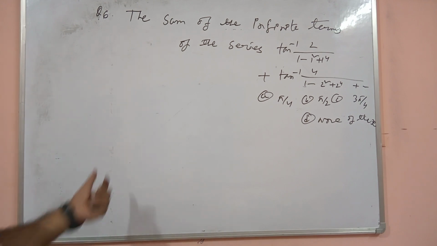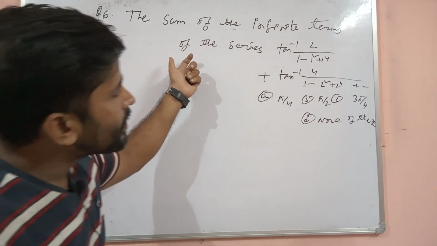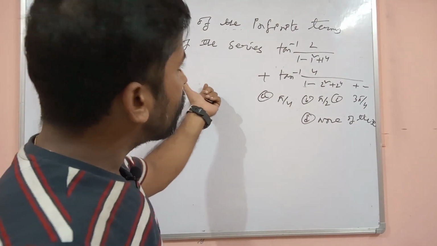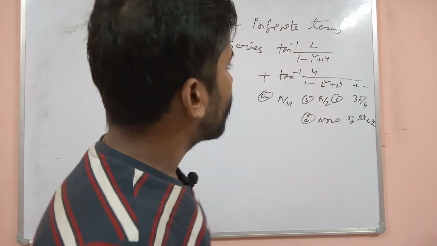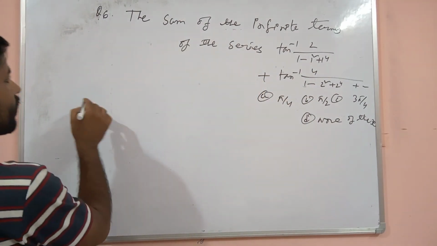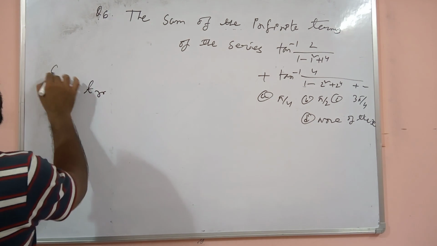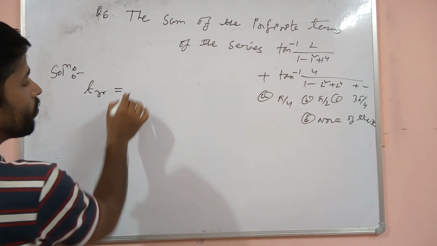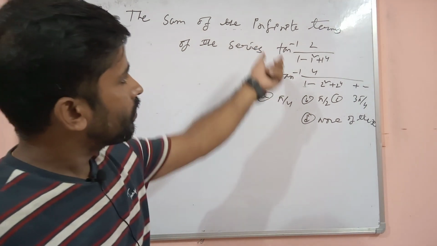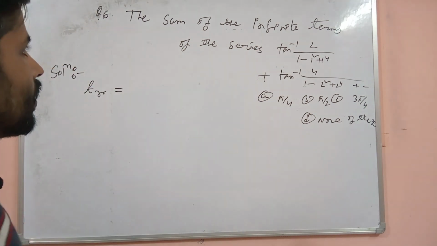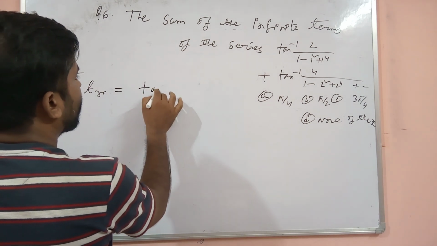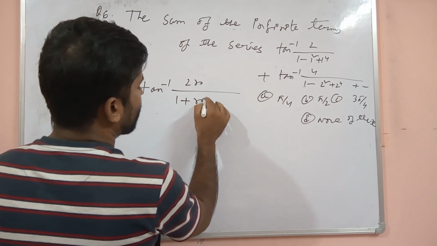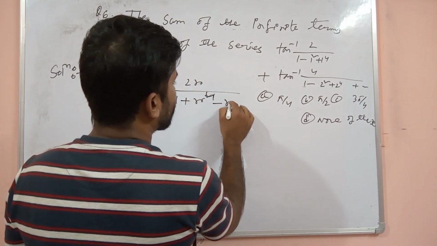Focus on the sum sincerely, then you would be able to find a sequence between each term. The suffix r, which is supposed to be the general term of this series, is tan inverse twice r by 1 plus r to the power 4 minus r square.